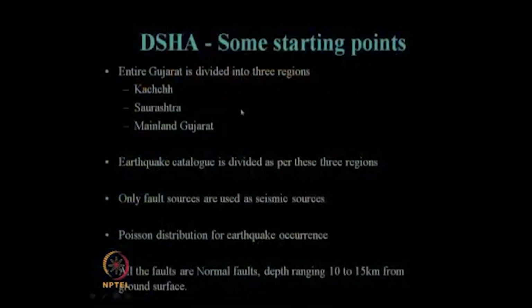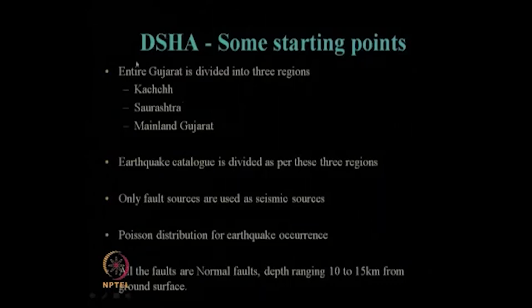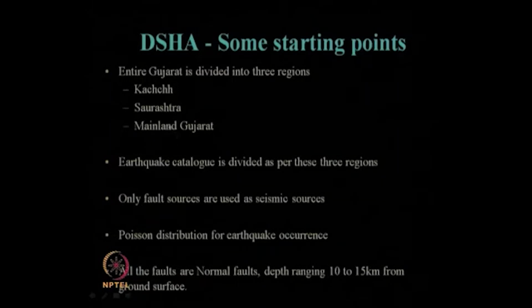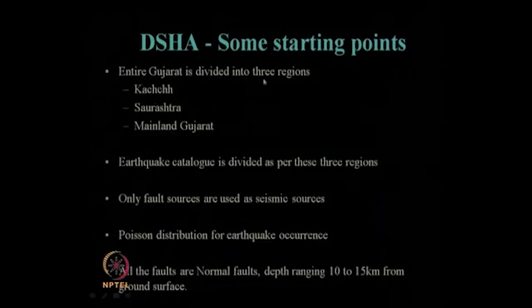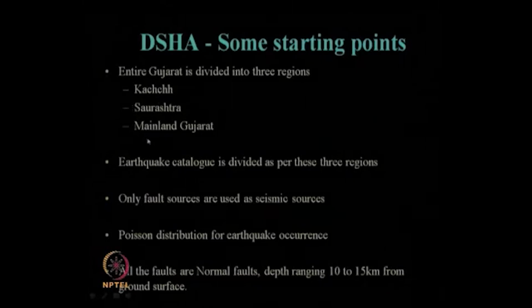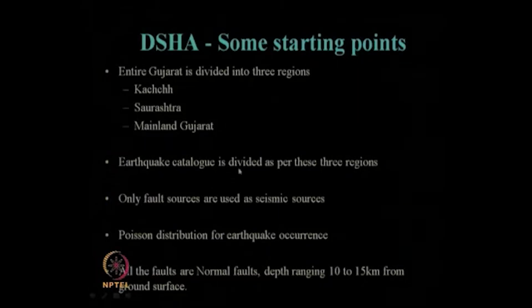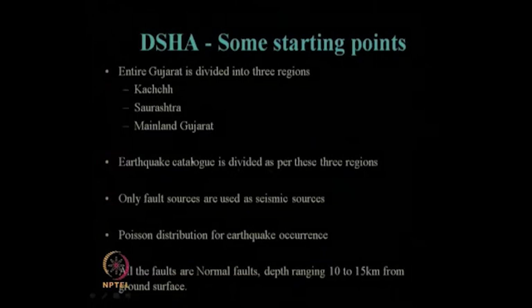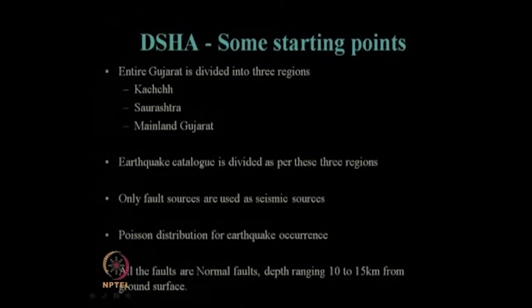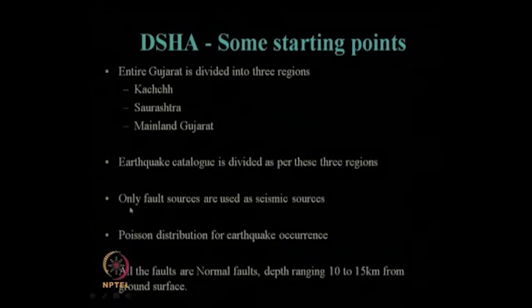So, for DSHA, let us start with a few salient points to carry out the deterministic seismic hazard analysis for entire Gujarat. Already we mentioned entire Gujarat has been subdivided into 3 regions: Kutch, Saurashtra and mainland Gujarat. The earthquake catalog is also divided as per these 3 regions, so that we can get different DSHA values for different regions, and only fault sources are used as seismic sources.